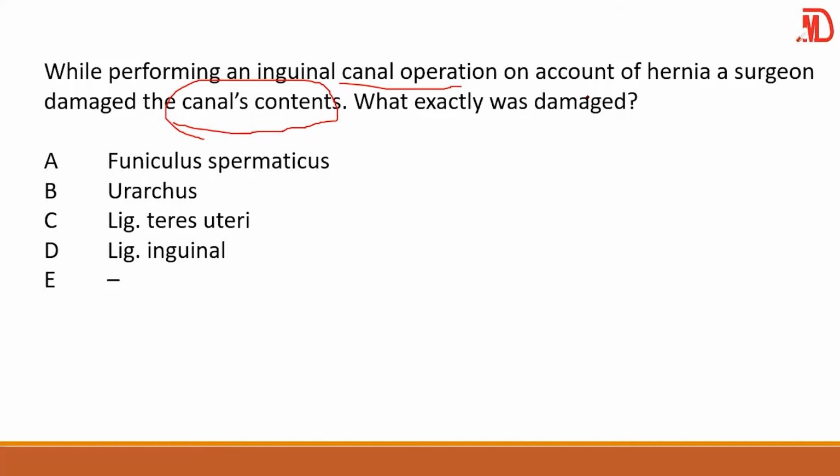So if this was a female, then of course they would have brought the round ligament of the uterus, because it passes through that canal. So over here, we're looking at A, the spermatic cord. All right.